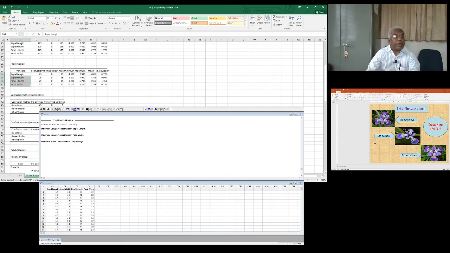So this Naive Bayes classifier, using certain prior information, has made the classification. See here, all the 43 observations have been classified in the same species. Out of 40 observations from versicolor, only 38 are classified in the same category.